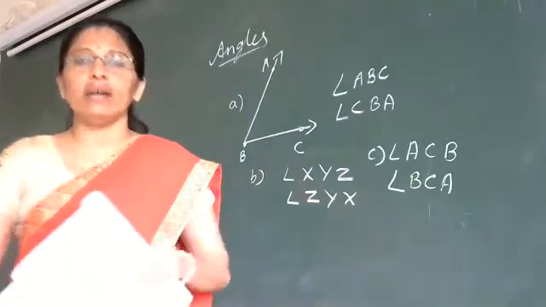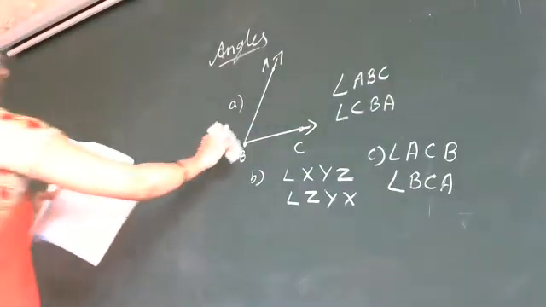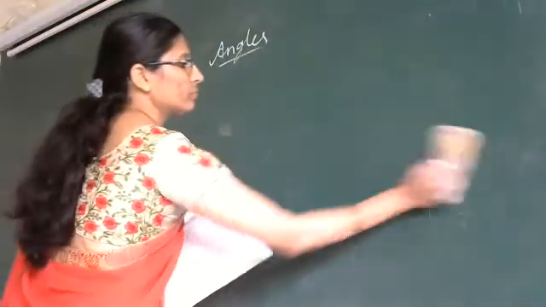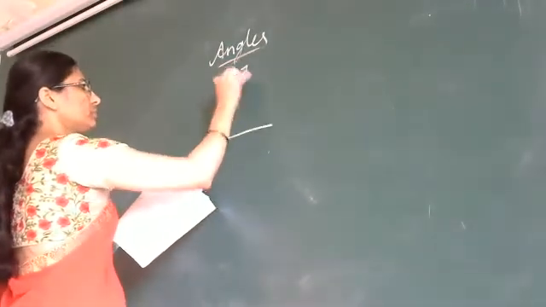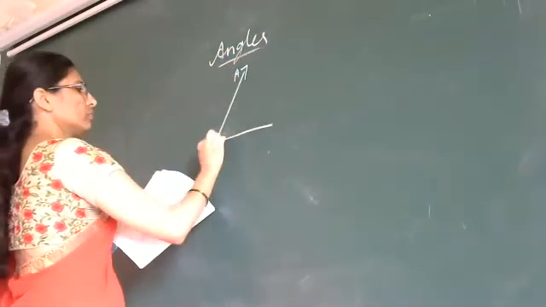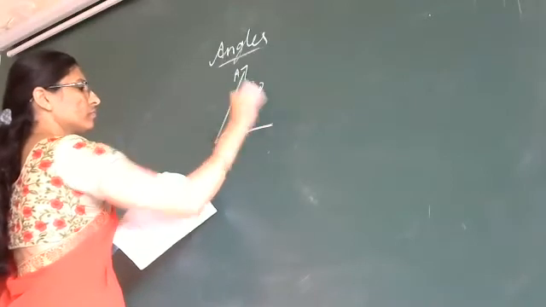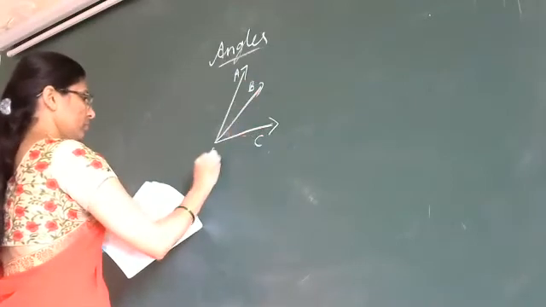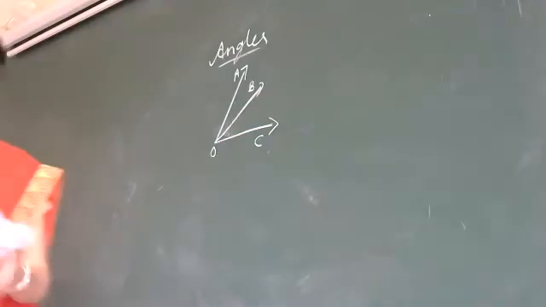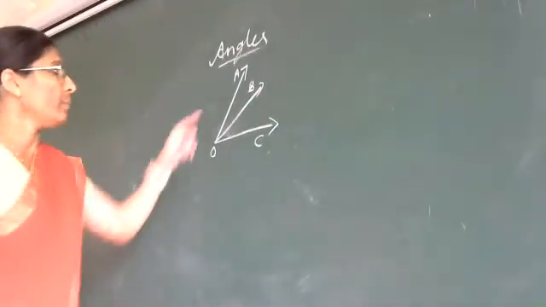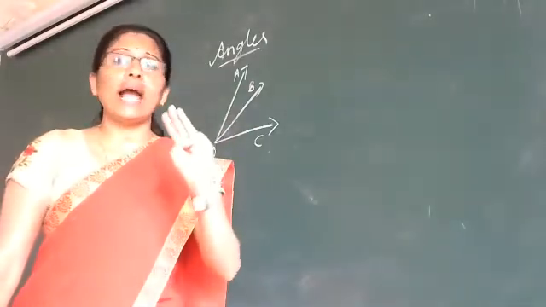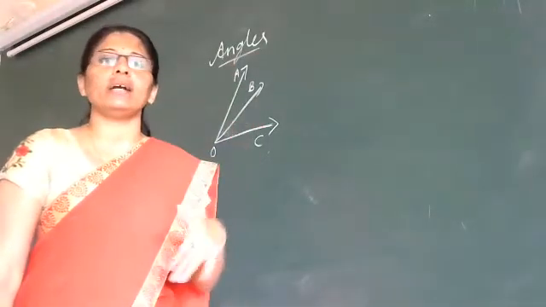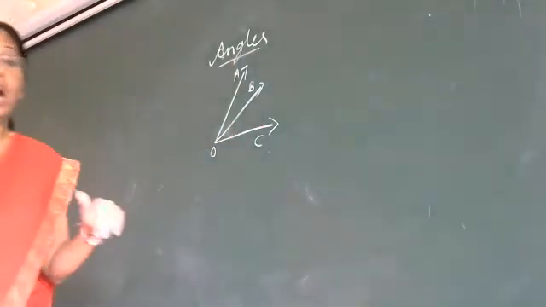Again, see second one. Ma'am, name of the angle ABC. Here all the angles we have to name. How many angles we are getting here? Three angles we are getting. All the angles we have to name.